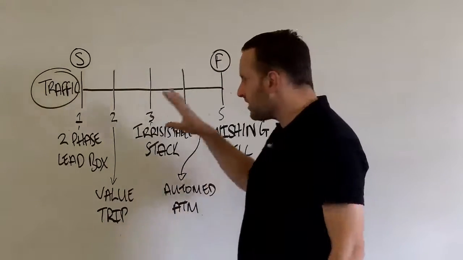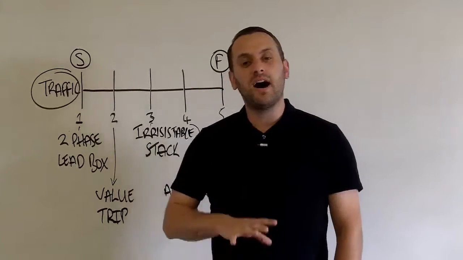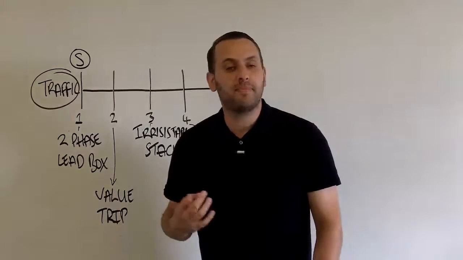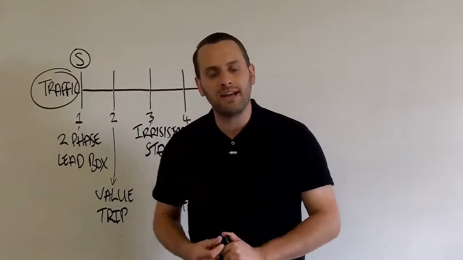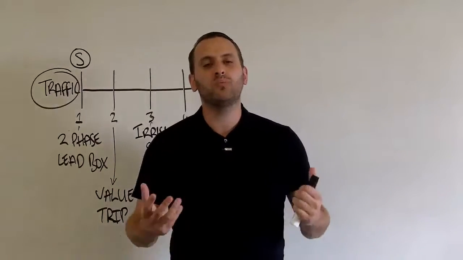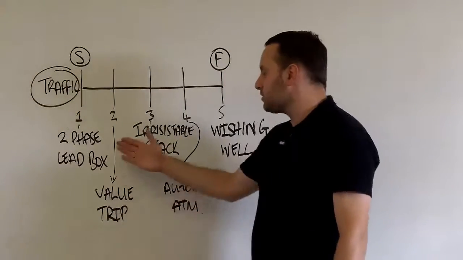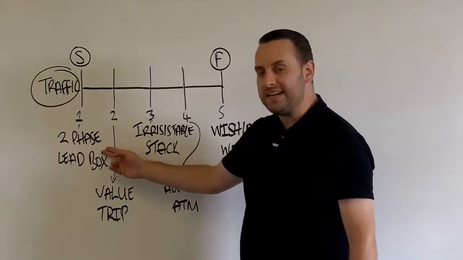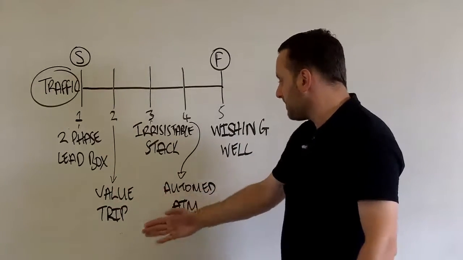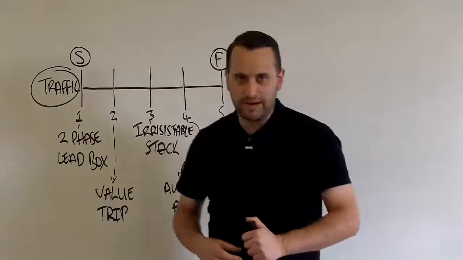Now we also have started getting into here the 5-part system that I've built that's generating myself and our partners in excess of $18,000 per week on the internet right now, and is growing week in, week out, month after month. Now if you recall, in the last video I took you through those 5 parts of the system, which are the 2-phase lead box, the value trip, the irresistible stack, automated ATM, and the wishing well, okay?